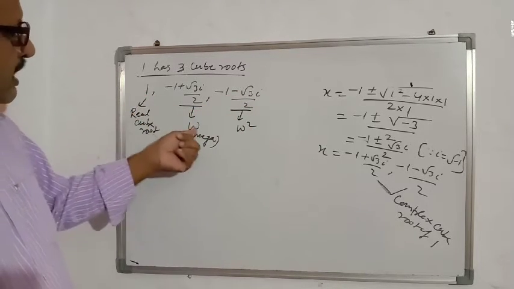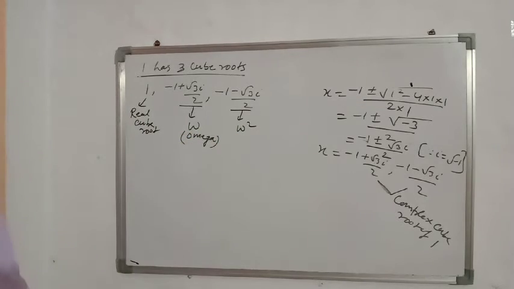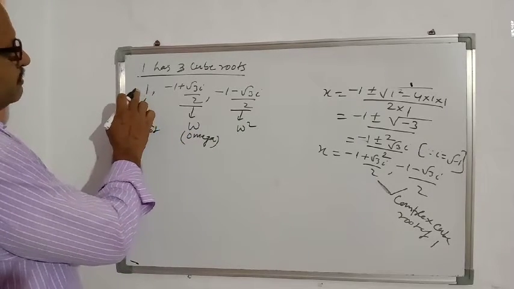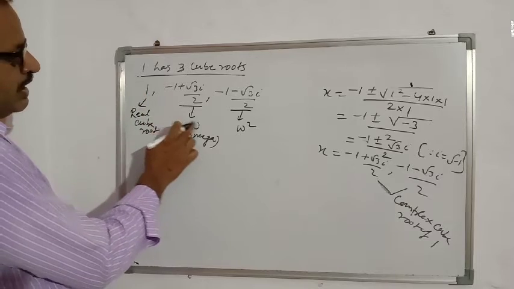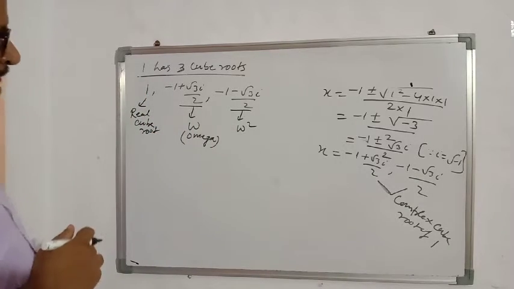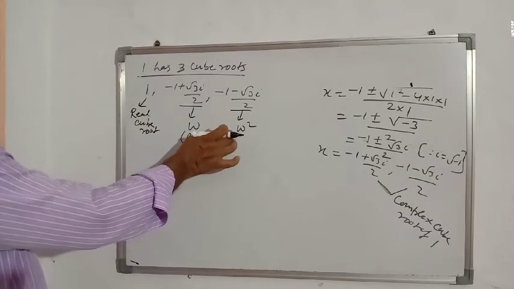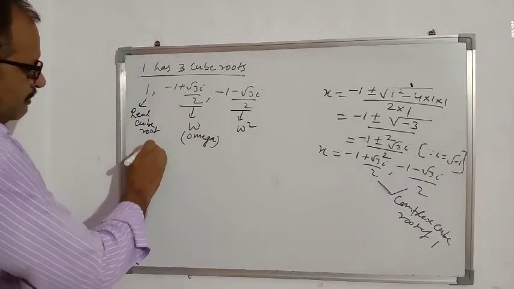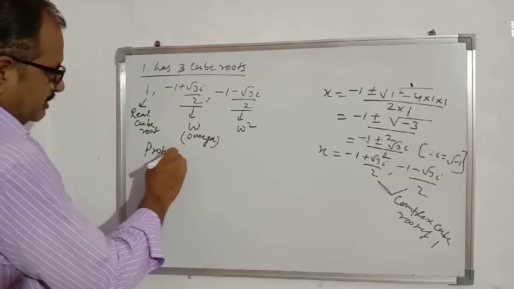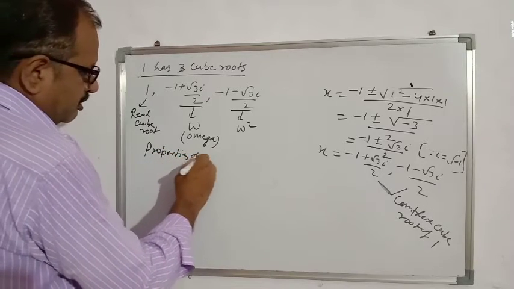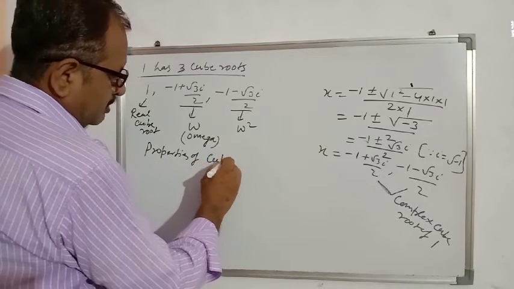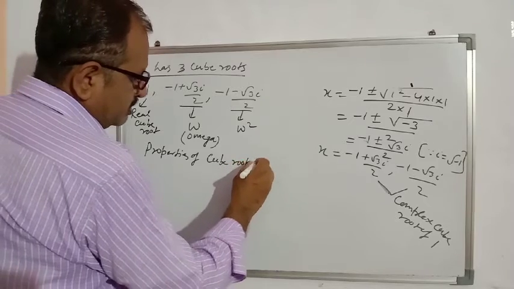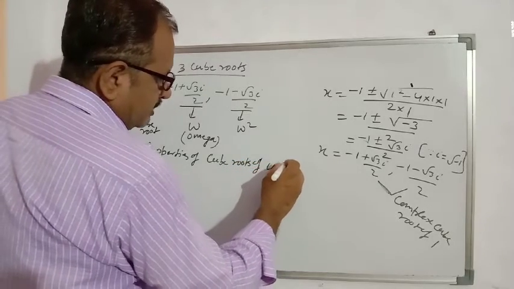So the 3 cube roots of unity are 1, omega and omega square. These two are complex cube roots and this is the real cube root. Now we will see the properties of cube roots of unity.